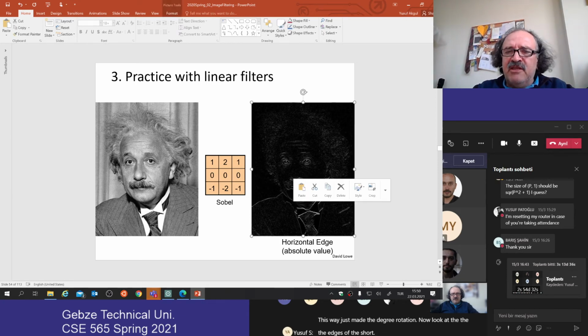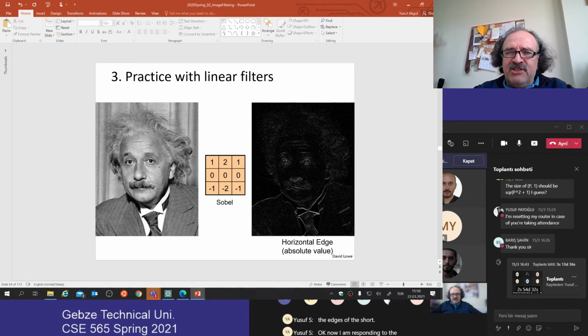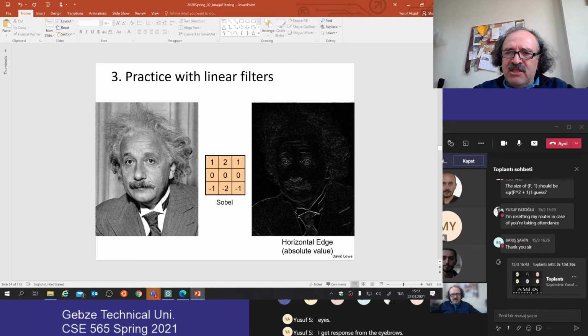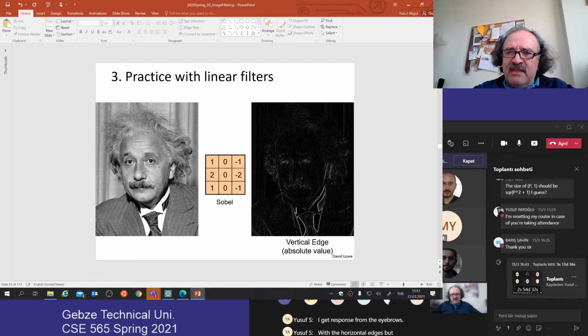Now I am responding to the horizontal edges, and I am getting horizontal edges here. Look at the eyes. I get a response from the eyebrows with the horizontal edges, but now I don't get the response from the eyebrows anymore. So we are going to use these kinds of filters for doing the edge detection.